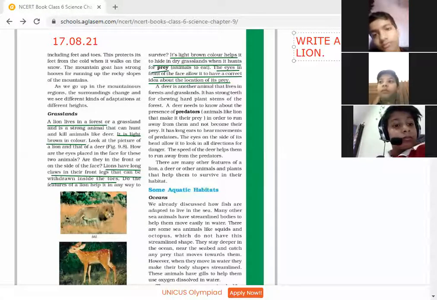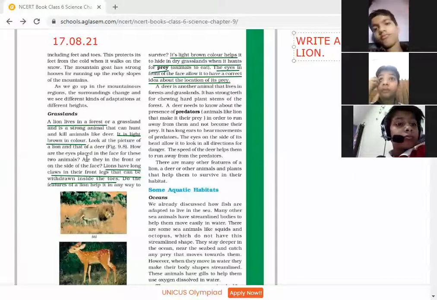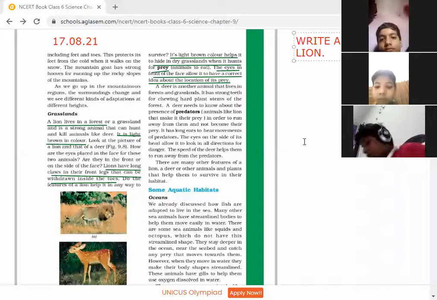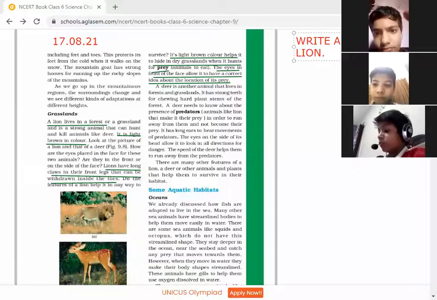Write adaptations of lion. So the lines I had underlined, you have to write in points. Kindly underline the lines which I had marked.